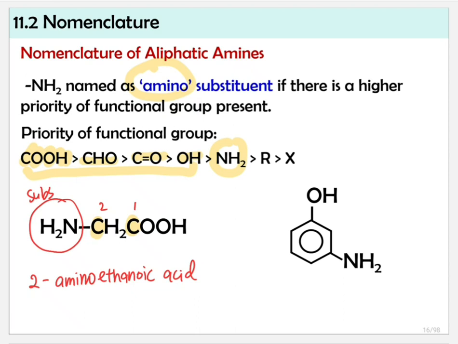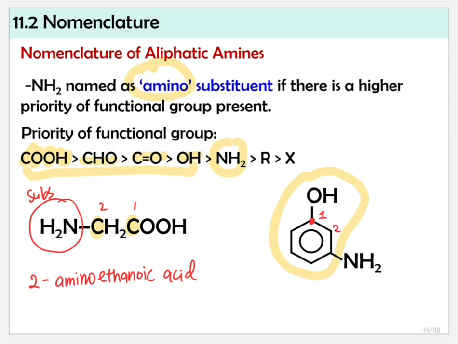Okay, what about the second compound? So this is benzene. Okay, remember tajuk benzene, kita belajar about special name. Okay, kalau dia bonded dengan OH, dia ada nama special phenol. Kalau dia bonded dengan NH2 pun, dia ada special name, nama dia aniline. Okay, so hopefully masih ingat lah. Okay, jadi kalau kita tengok priority, OH lagi tinggi. Jadi ini akan jadi parent. And this carbon bonded to OH, kita akan bagi nombor 1.